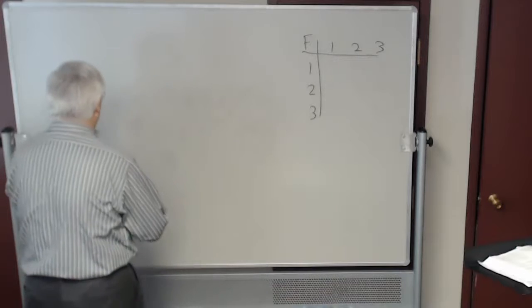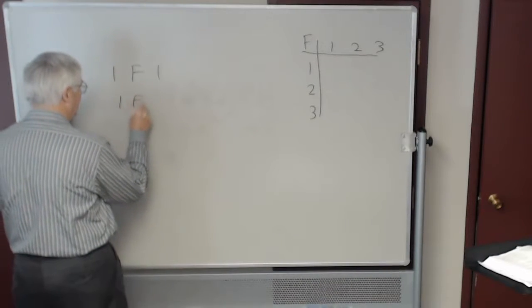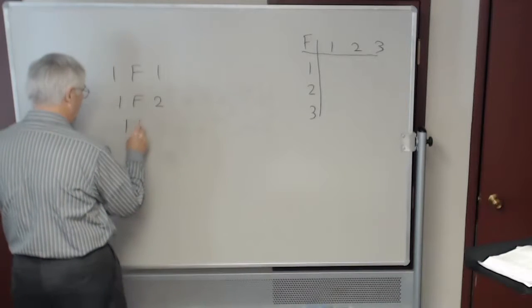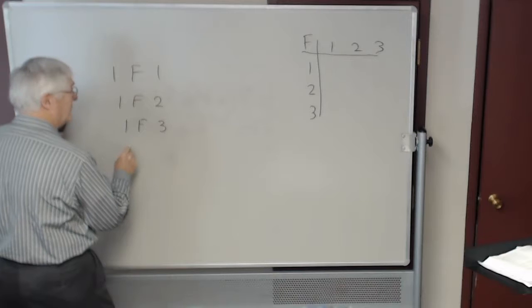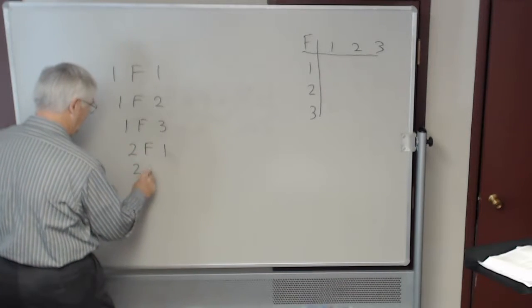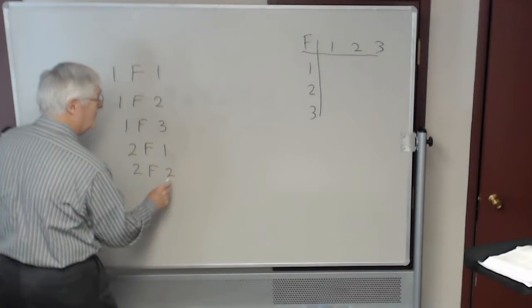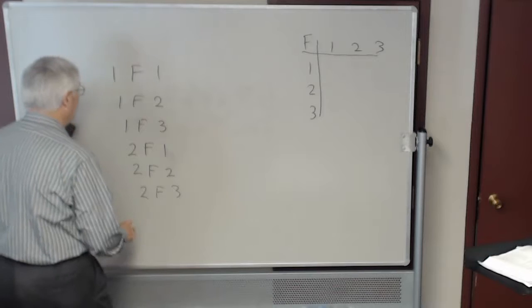So that means we're going to go 1F1, 1F2, 1F3. Then we're going to go 2F1, 2F2, 2F3.